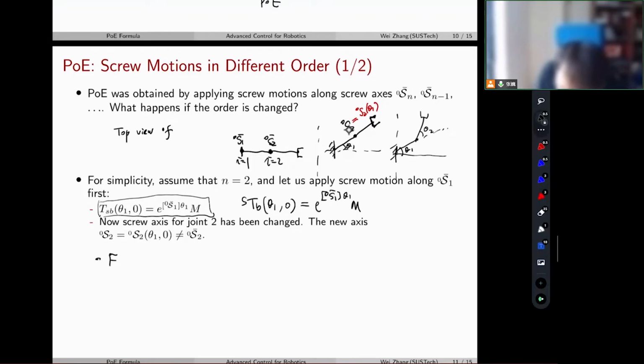Now this screw axis changes, right? So if I want to write down what T of B in S, theta 1, theta 2, is, I can write it like the following. Is this correct?